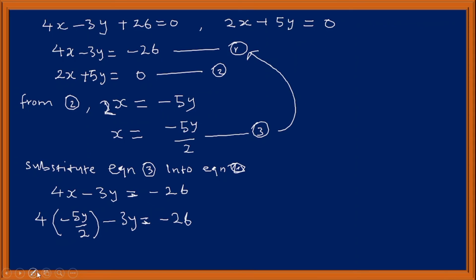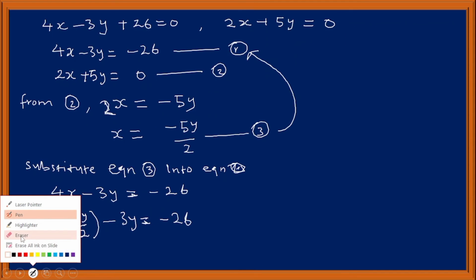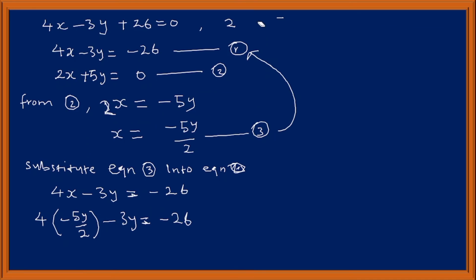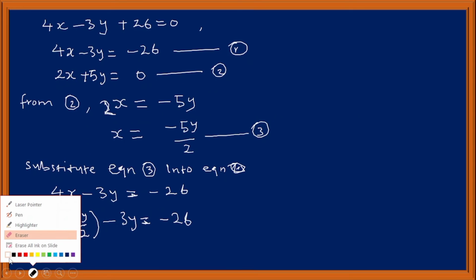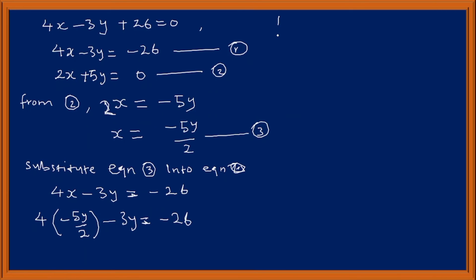So let's continue from the other side of the board. I need to get rid of this, create space for myself. So we continue from there. If I do this, this 2 can cancel. 4 divided by 2, it will remain as 2 here.